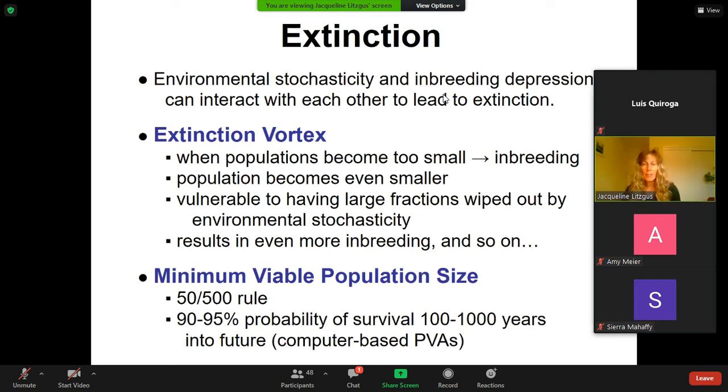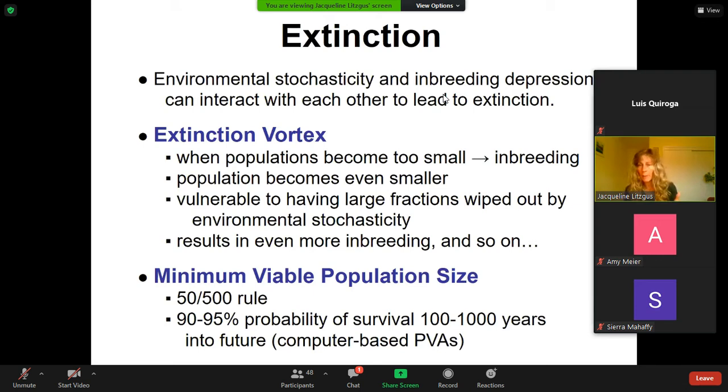And so you have this spiraling down. So this concept leads to this vortex, this spiraling down of population size. Again, because of the interacting effects of environmental stochasticity and inbreeding depression, leading to this extinction vortex.